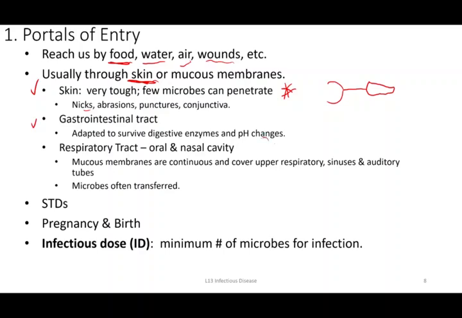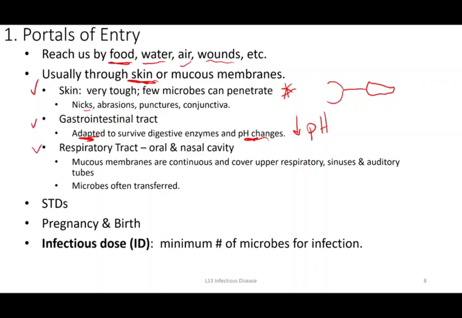So the low pH of the stomach, that acidity, is not hospitable for all microorganisms, so that serves as a helpful barrier and chemical prevention. We have digestive enzymes, but there are plenty of microorganisms that are adapted to survive in that. So plenty of diseases that have plagued human society throughout the ages are passed through food and water.